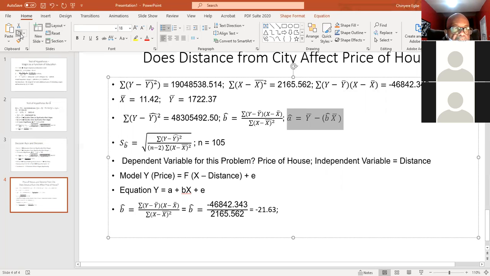All right, so we're going to calculate A hat, which is the intercept. It is Y bar minus B hat times X bar.